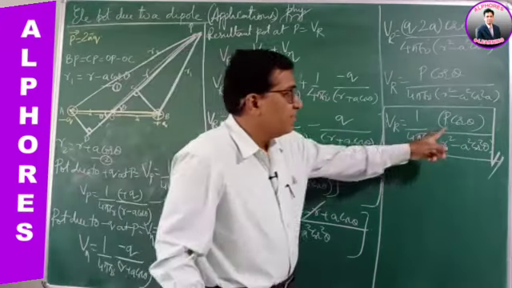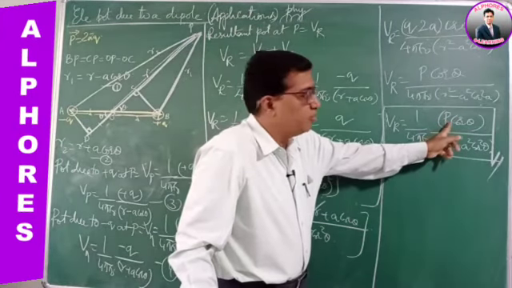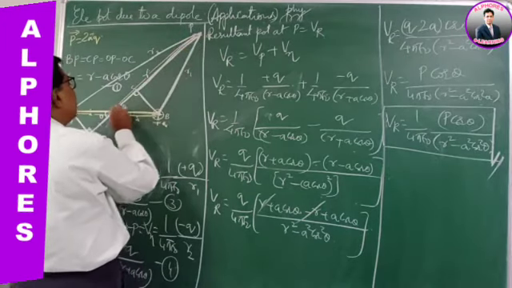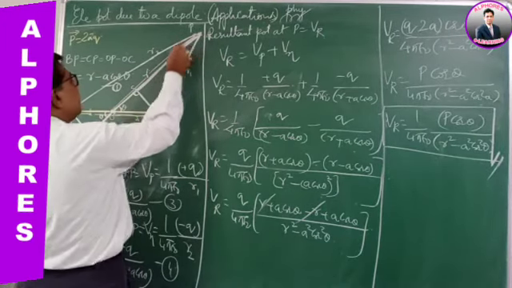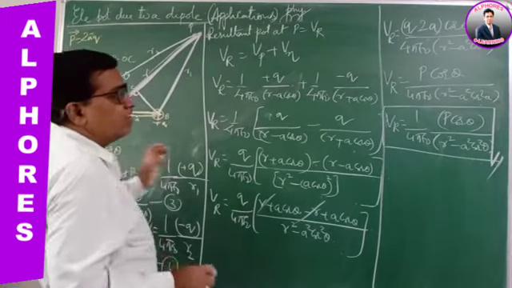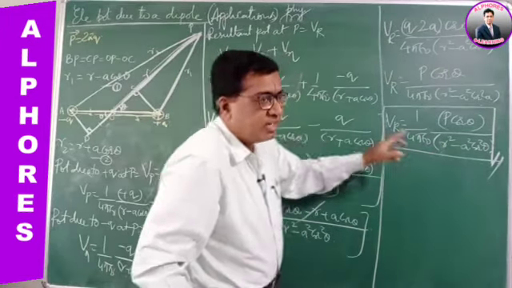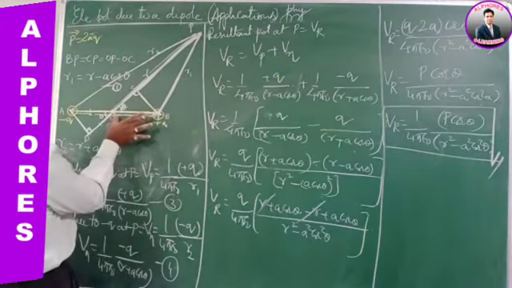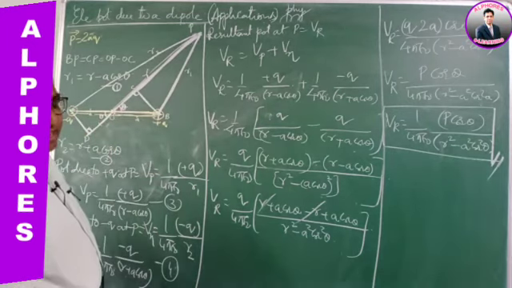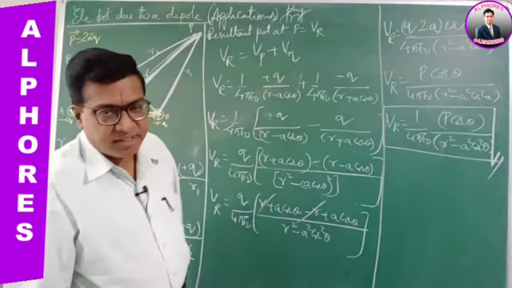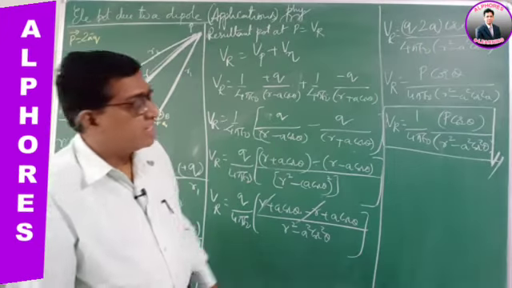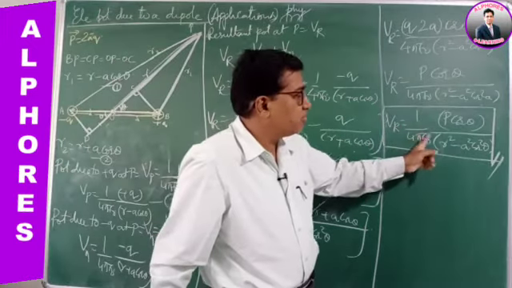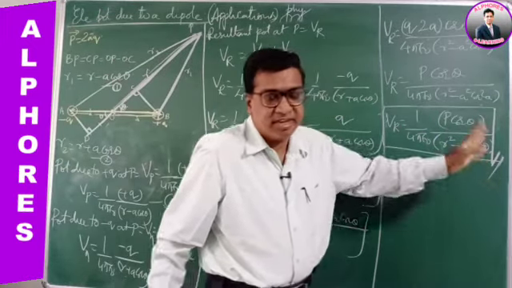So this is the formula where P is the electric dipole moment of the dipole, theta is the angle made by the radius vector with the axial line, R is the distance of the point P, and this is A cos theta. A is half the length of the dipole. So that is the formula for the electric potential due to an electric dipole at any arbitrary point, any general point.